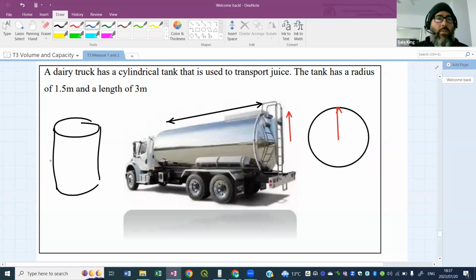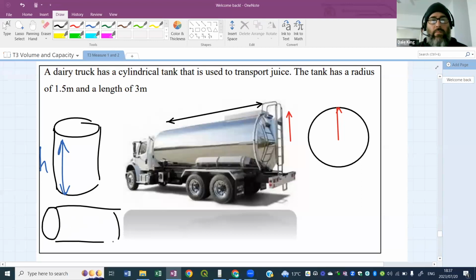Now, don't be confused. If I drew the cylinder straight up, I would call this dimension over here the height. They've dropped the cylinder onto its side. Now the cylinder is on its side like this.